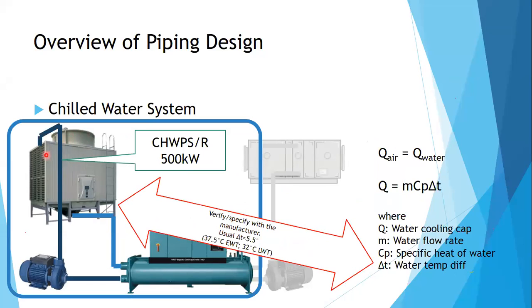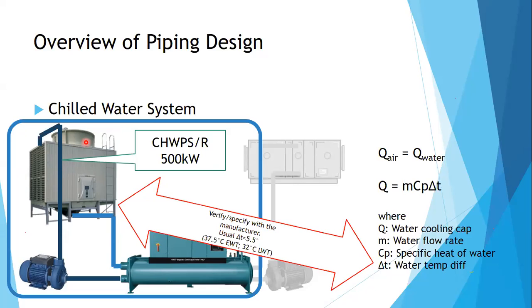The condensing water side, same process, same parameters. However, for your cooling tower, usually the delta T is 5.5. Please check with your local manufacturer for their equipment specifications. You can change this 5.5 to whatever delta T that you would want, provided that the manufacturer will be able to achieve or comply.